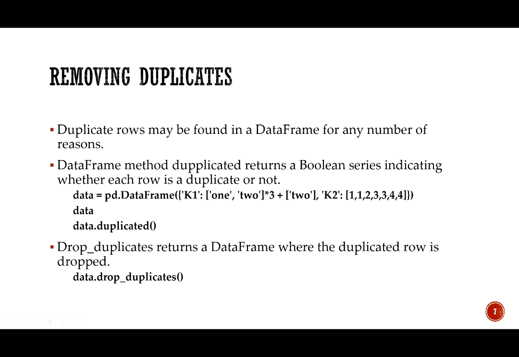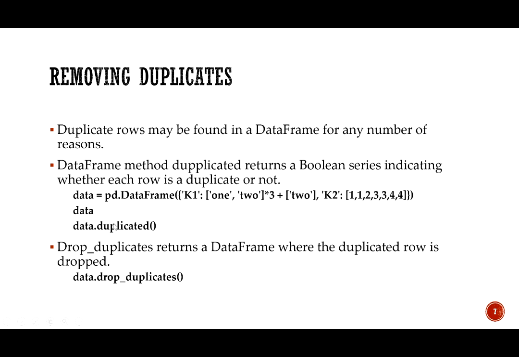Here I'm creating a data frame with 2 columns, K1 and K2. For K1, I'm using the list [1, 2] times 3. It means repeat this list 3 times. At the end, add the value of this list, which is 2.